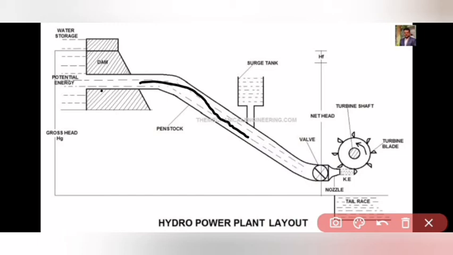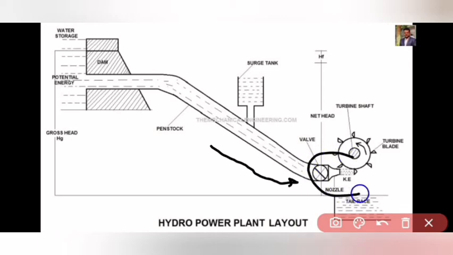Because the dam is constructed at a higher height and the turbine house is at a lower height. So from the higher height to the lower height, high velocity will be formed. Here the kinetic energy is formed. Now the kinetic energy is converted to mechanical energy by the help of the rotary motion of the turbine.